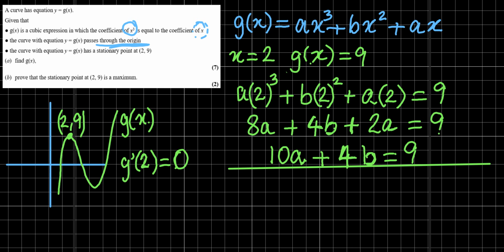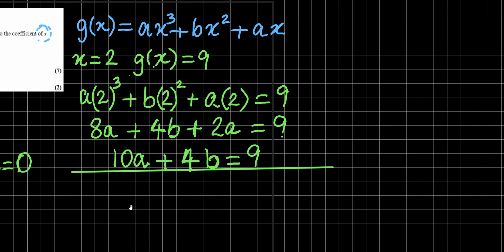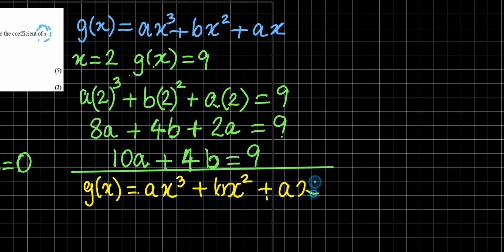So g of x is ax cubed plus bx squared plus ax.